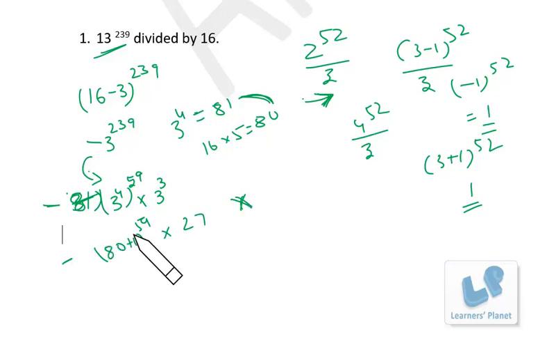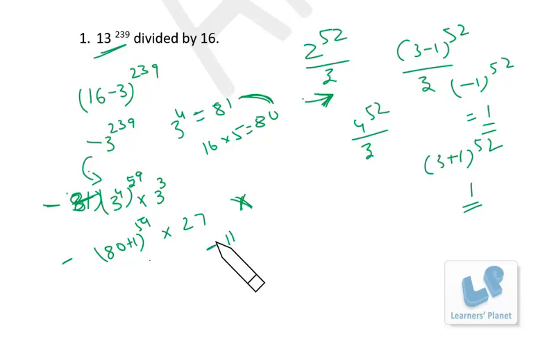You should be able to think without writing this step. If it is 80 plus 1 raised to 59, your remainder will be 1 raised to 59, that means precisely 1. That means your remainder is 27, left with a minus sign. Now 27 is still bigger than 16, so we can deduct 16 from 27. That's 11 with a minus sign.